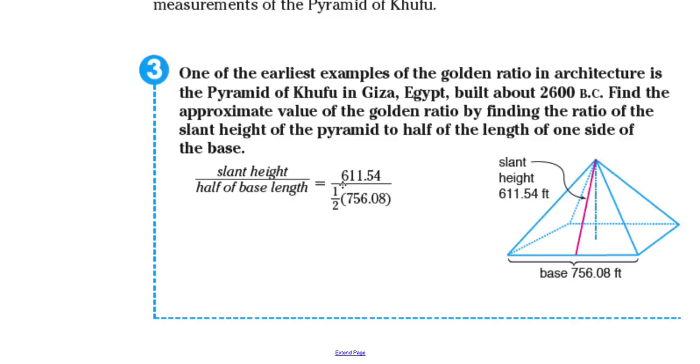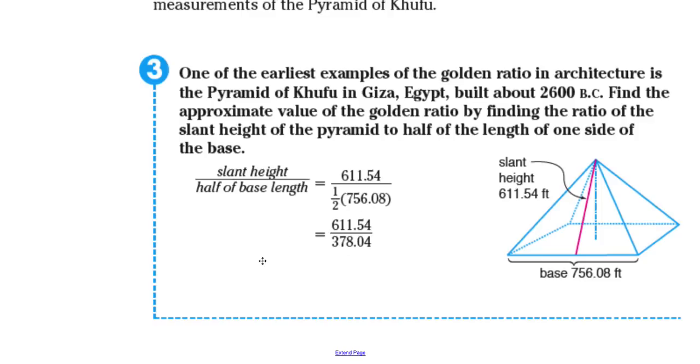So the slant height is 611.54, divided by half the length of the base, which is half of 756.8. That becomes 611.54 over 378.4.